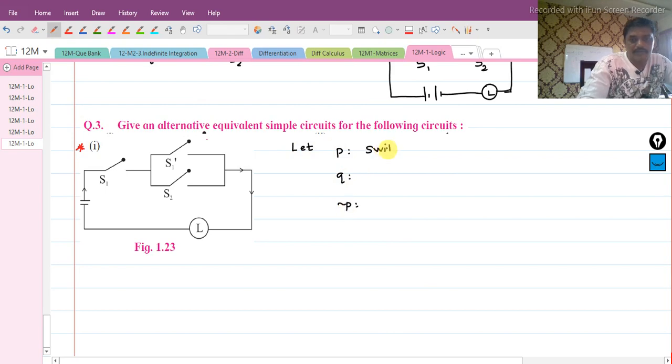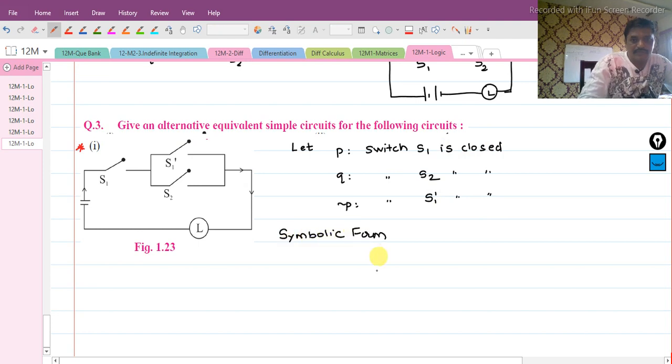Switch S1 is closed. Switch S2 is closed. Switch S1 dash is closed. So what is the logical form, or symbolic form rather, not logical, symbolic form, what will it be? Tell me.